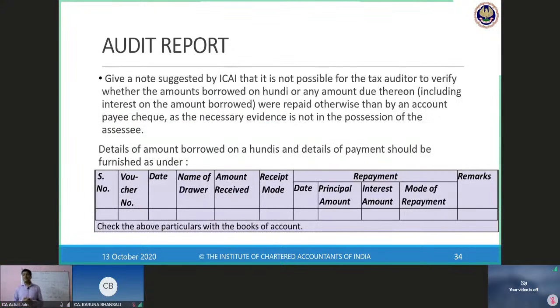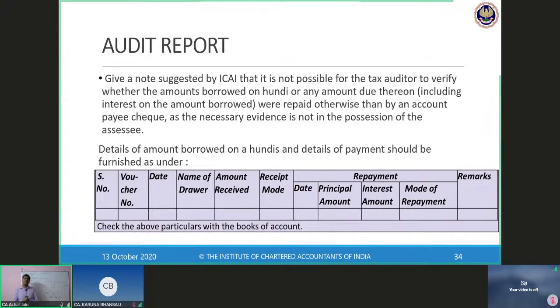Given the note suggested by the ICAI, it is not possible for the tax auditor to verify that the amounts borrowed on hundi or any amount due thereon, including the interest on the amount borrowed, were repaid otherwise than by an account payee cheque, as the necessary evidence is not in the possession of the assessee, as we have discussed.